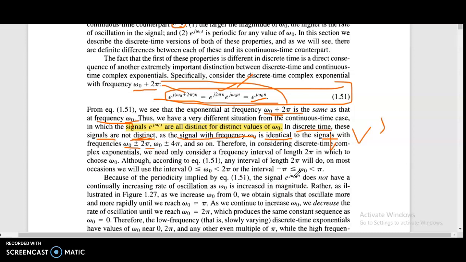Although according to equation 1.51 any interval of length 2 pi will do, on most occasions we will use the interval 0 less than or equal to omega naught less than 2 pi, or the interval minus pi less than or equal to omega naught less than pi, because of the periodicity implied by equation 1.51.